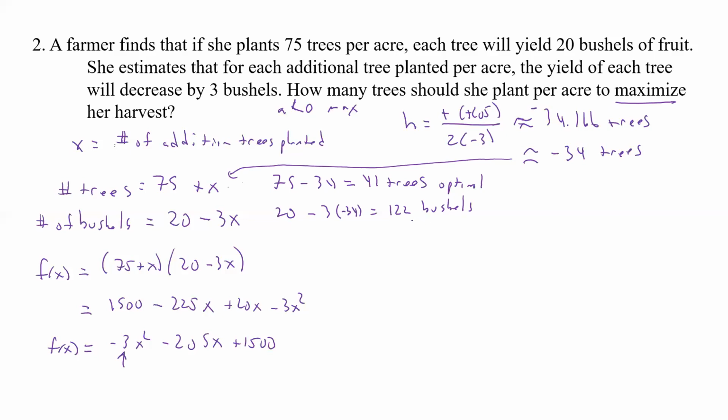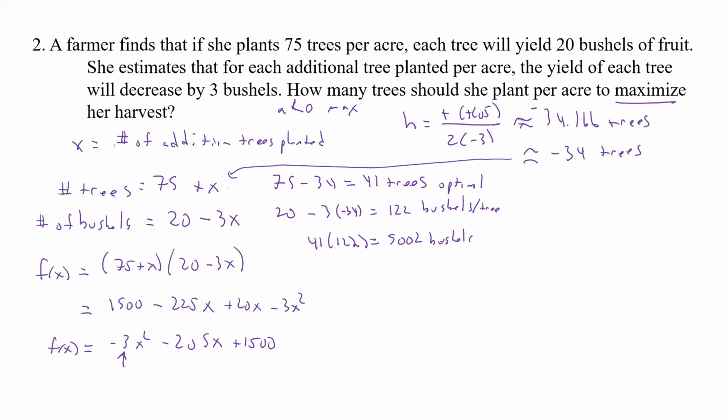Okay. Now I'm doing this kind of two ways here, because now what if I took 41 times 122? That gives me 5,002. And that's going to be the total bushels. That's bushels per tree, but the total bushels, I'm not writing down my bushels per tree.